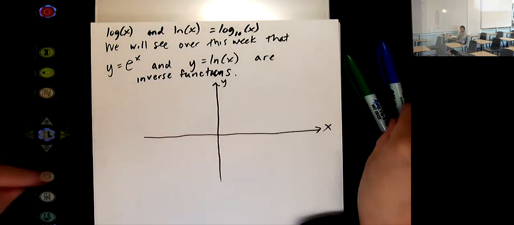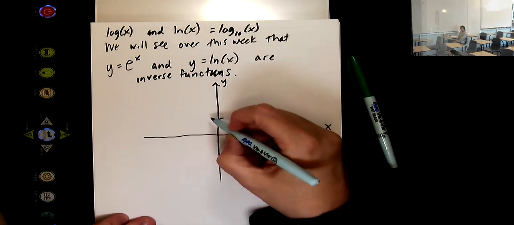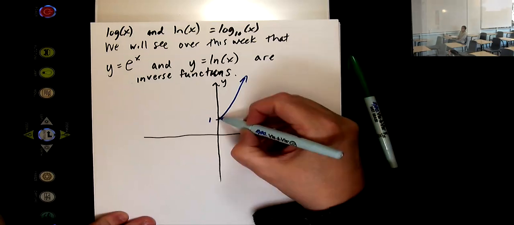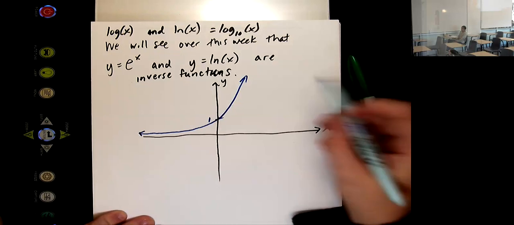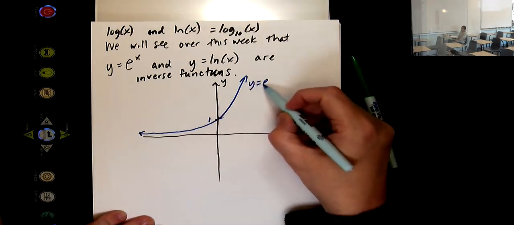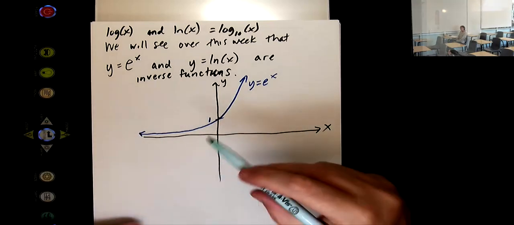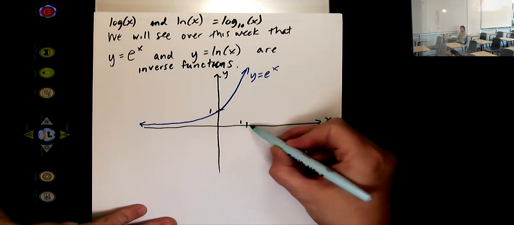So the base graph of y equals e to the x goes through 1 and comes up like that, and it has a horizontal asymptote at y equals 0. The inverse function passes through x equals 1.